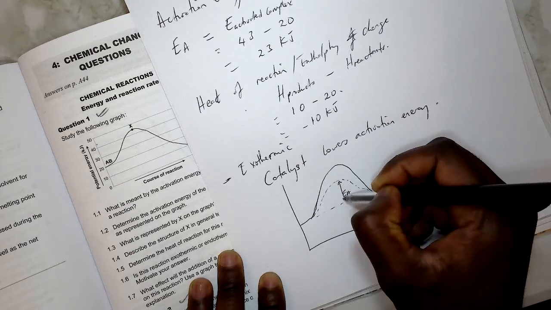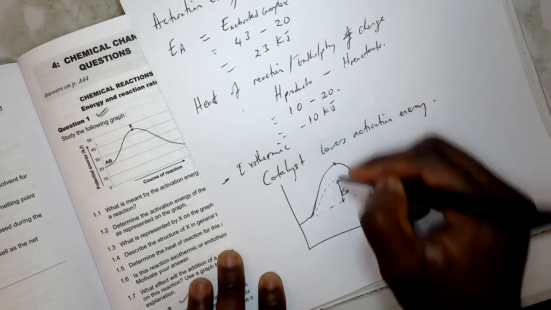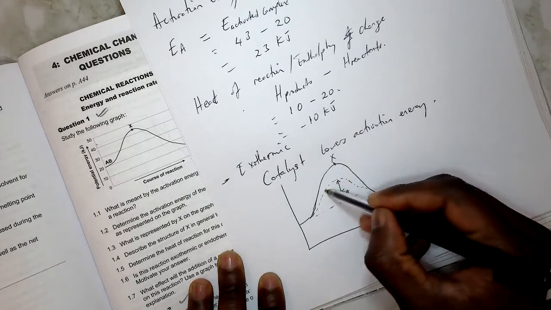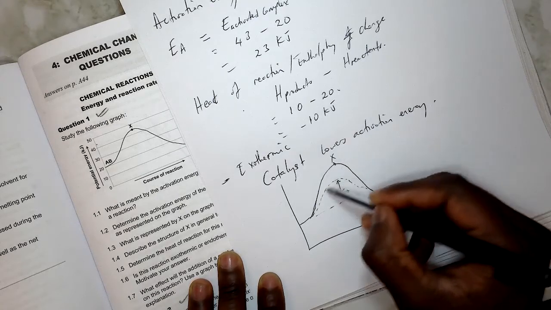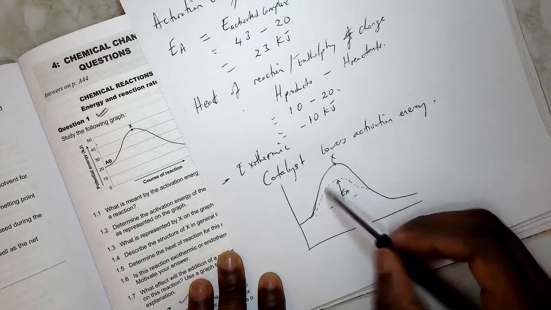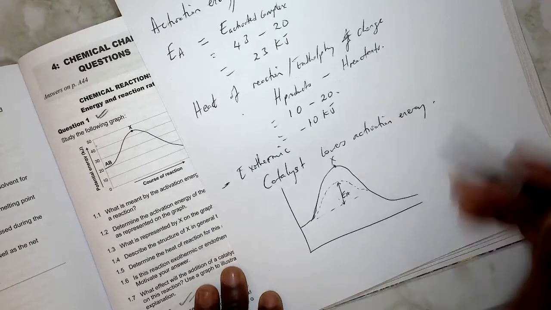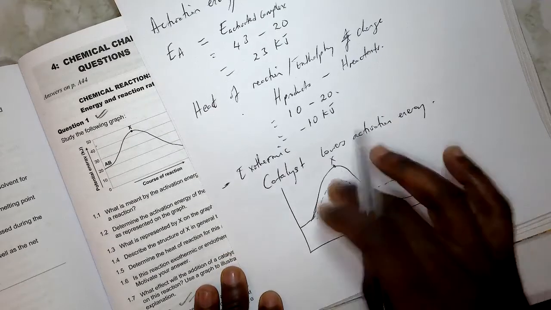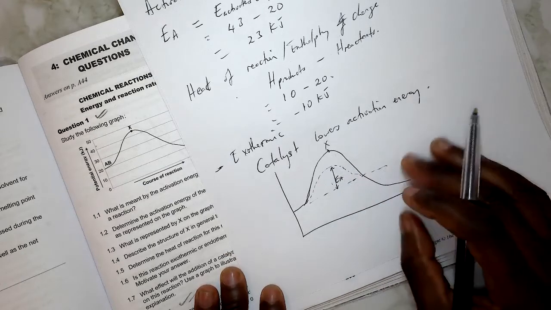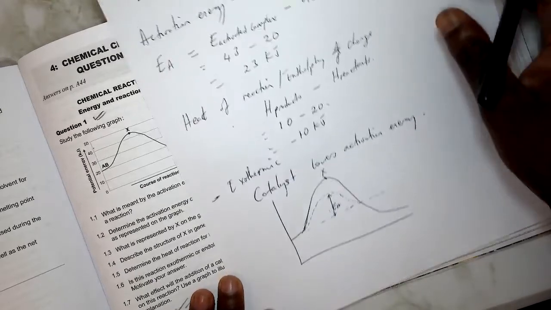This is our new EA from the previous EA, where we are starting from X. Always know that your graph with a catalyst is below the one without a catalyst. Why is it like that? Because of the activation energy here. So you must know the impact of adding a catalyst. So this was supposed to be a graph, guys, and I think I have added an explanation on how the catalyst affects your reaction.